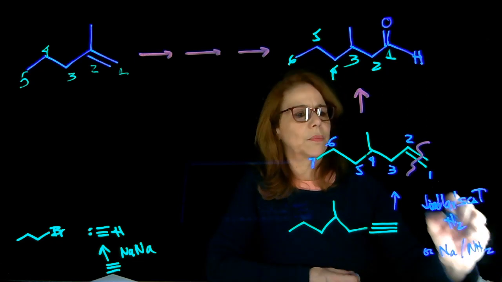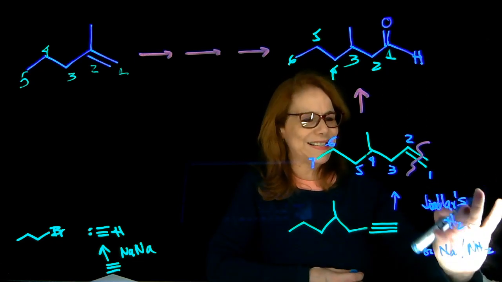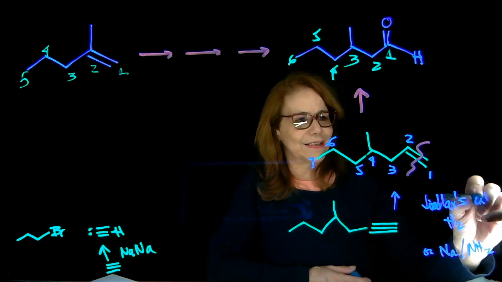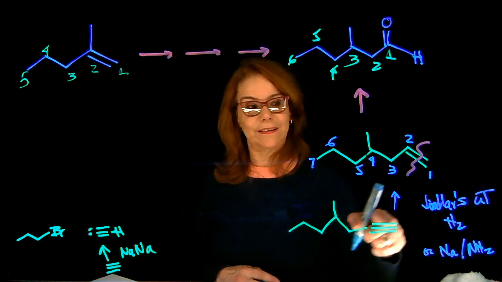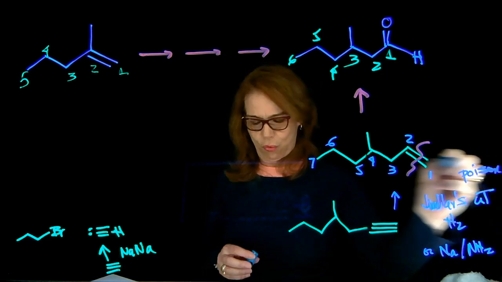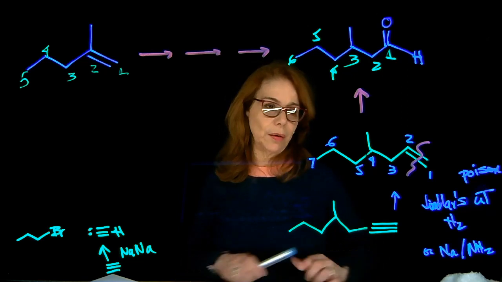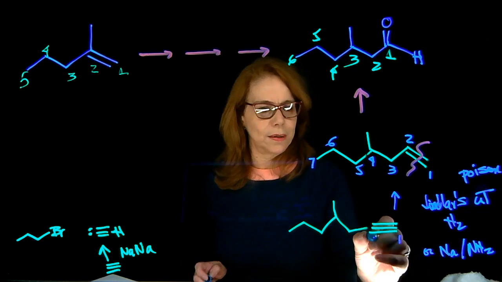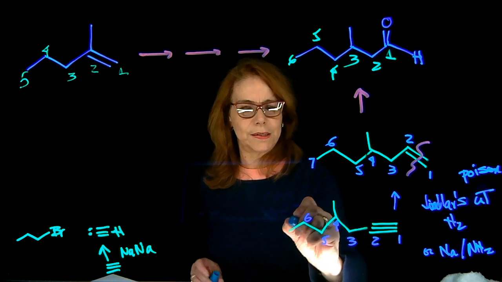But probably we will do Lindlar's, this is 2 separate words, Lindlar's catalyst. So that way we will just add hydrogens. This is a poison catalyst, so you stop at the alkene. And here we have the number of carbons that we need. So 1, 2, 3, 4, 5, 6, 7.